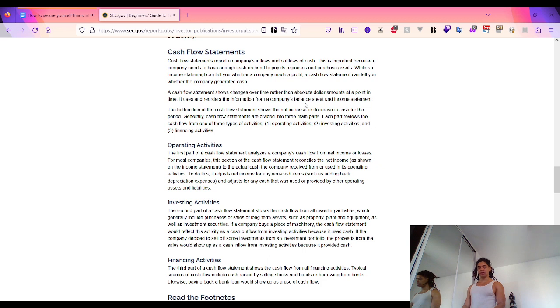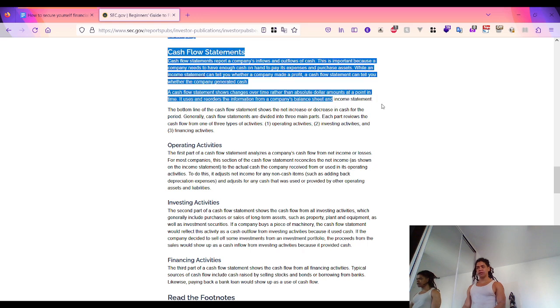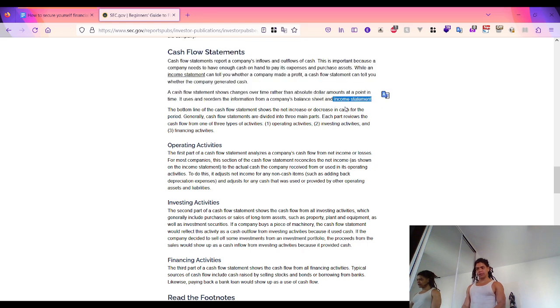The company balance sheet, after all, shows what the company owns at a fixed point in time, and the income statement shows how much revenue or profit a company made.